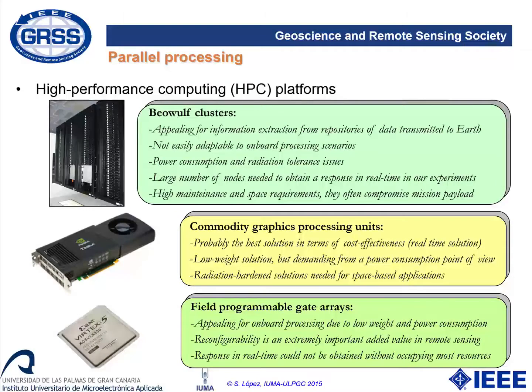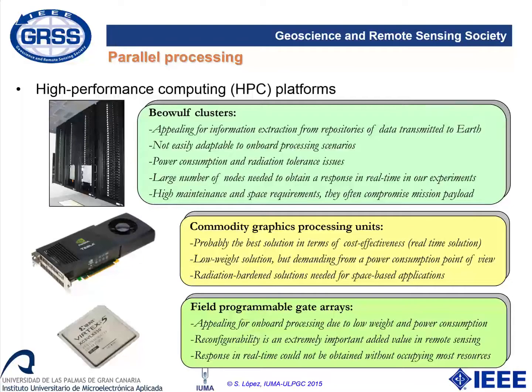In order to do things in parallel, not only for hyperspectral imaging but for any other problem, we normally use high-performance computing platforms, because they allow us to do things in parallel.